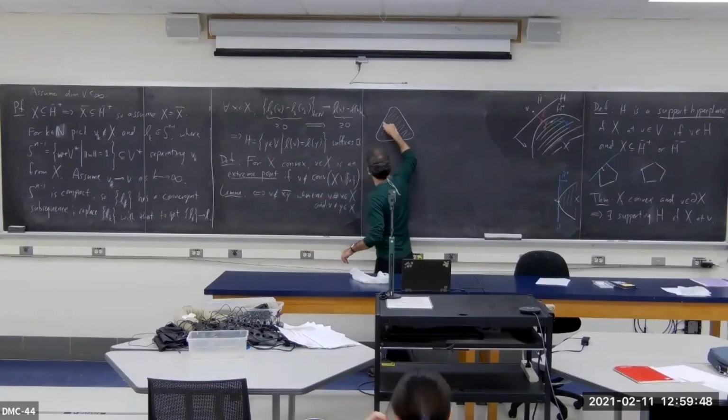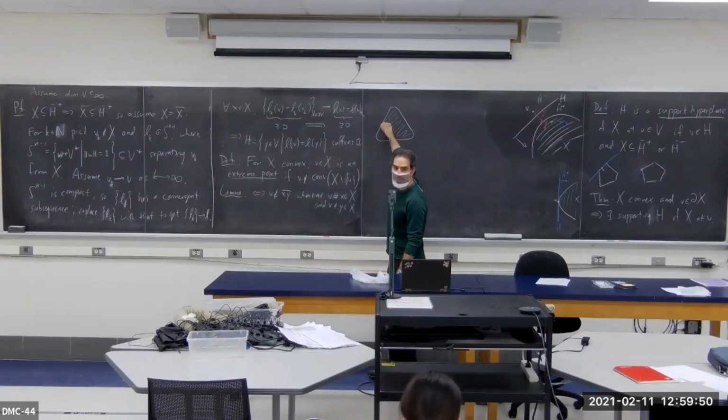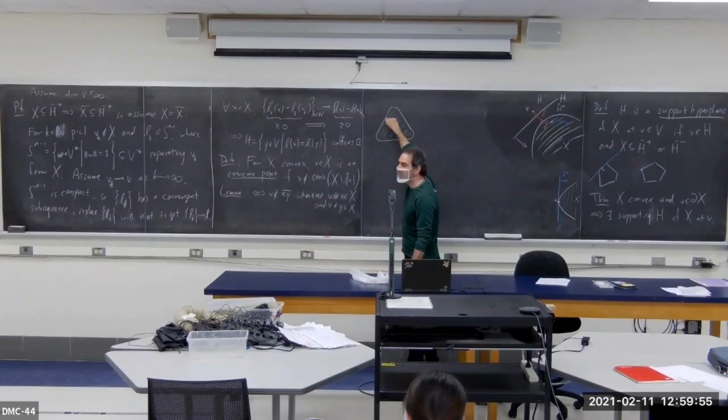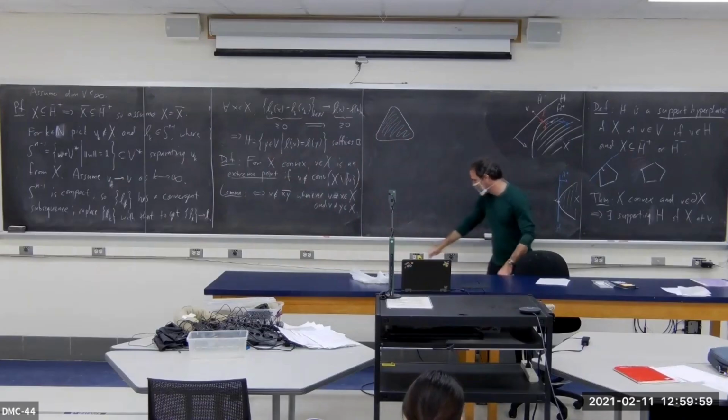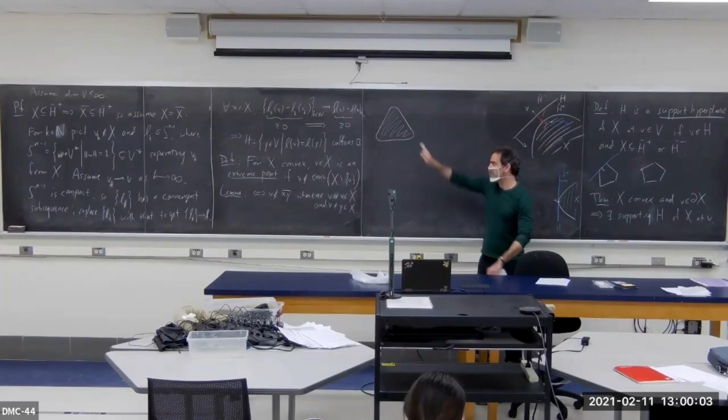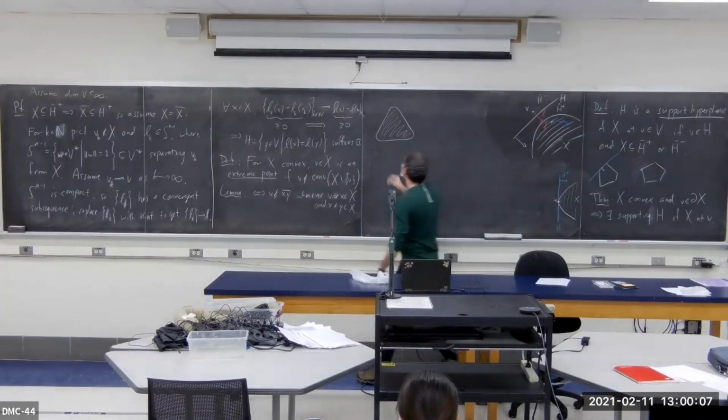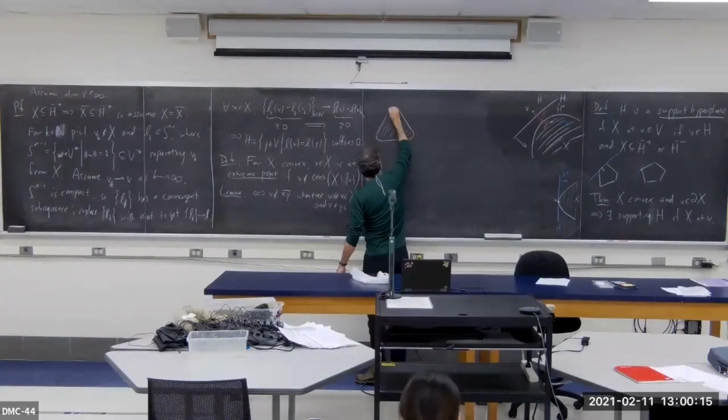Is this point over here extreme? No, because it's in the convex hull of this one and that one. Okay, so generally speaking, what do the extreme points look like? How would you describe them in words, in this picture? The curved parts.